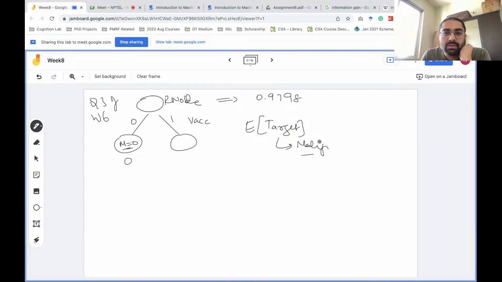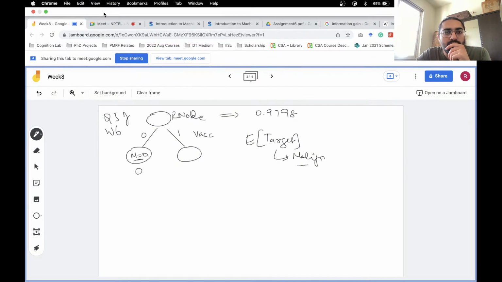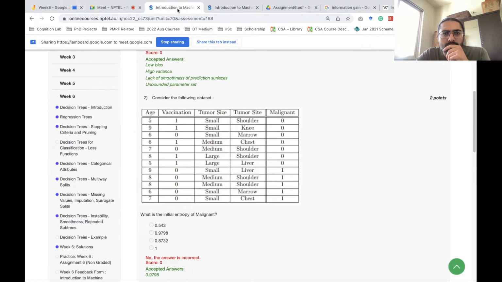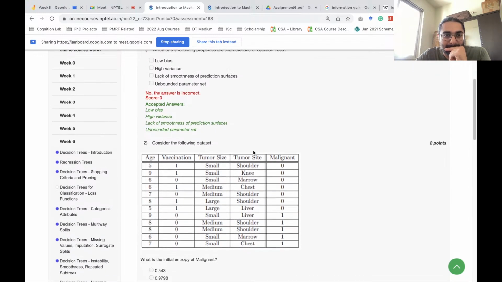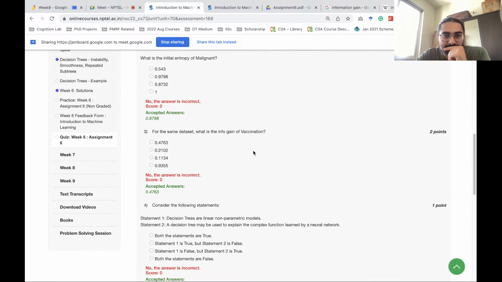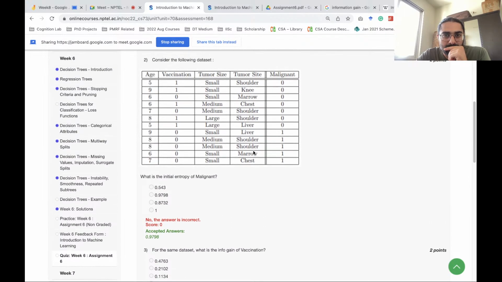Yeah, Raj, I think the question is a little bit unclear on that issue. It would have been better if the target variable was mentioned, that we are trying to predict the malignancy of the tumor. If that is explicitly mentioned, I think that would have been better for all of us. Even I was stumped working on this question at first, but then I realized this is the target column we have to calculate the entropy for.